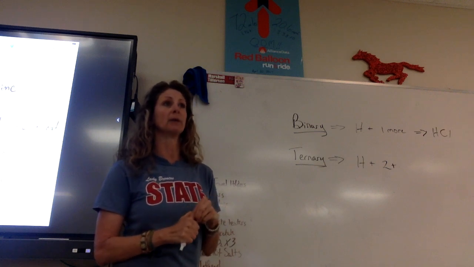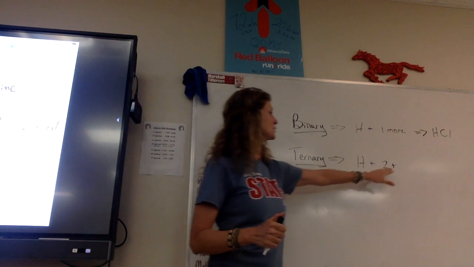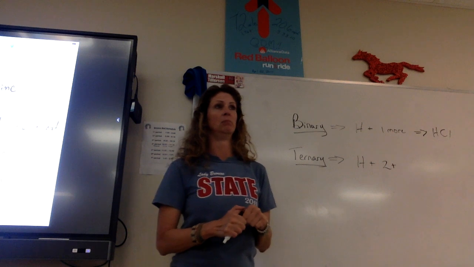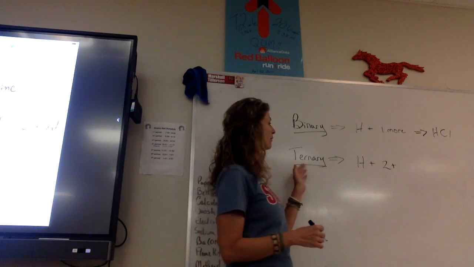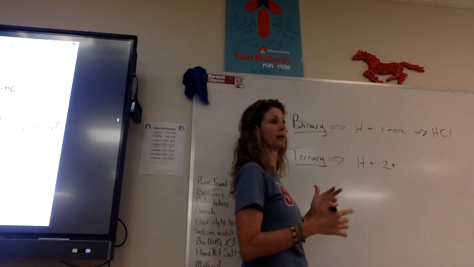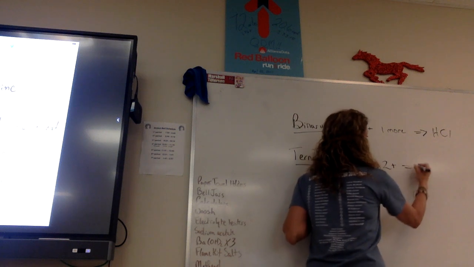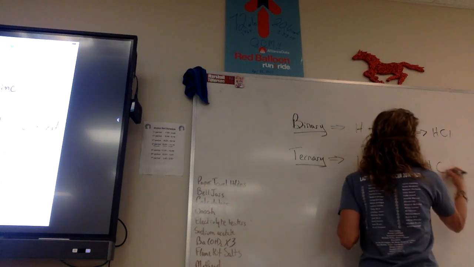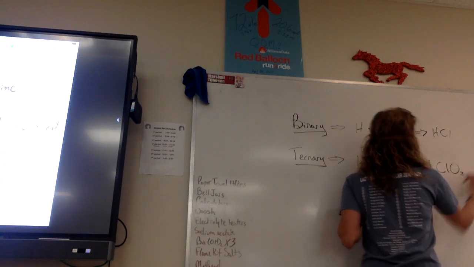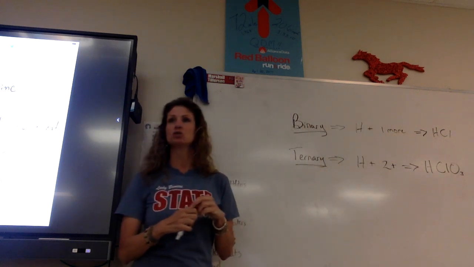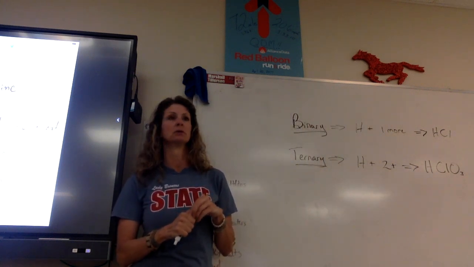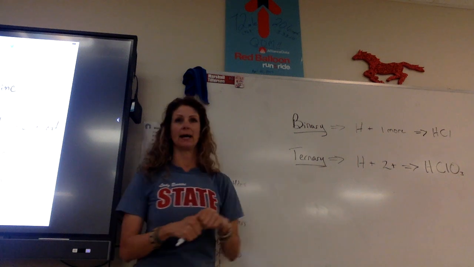Good, a polyatomic. It's always going to have a polyatomic because that's what this two or more bit is going to be. So you're going to have three total or more elements. Stay off your phones. So something like this that has three or more capital letters, you know that's a ternary acid.